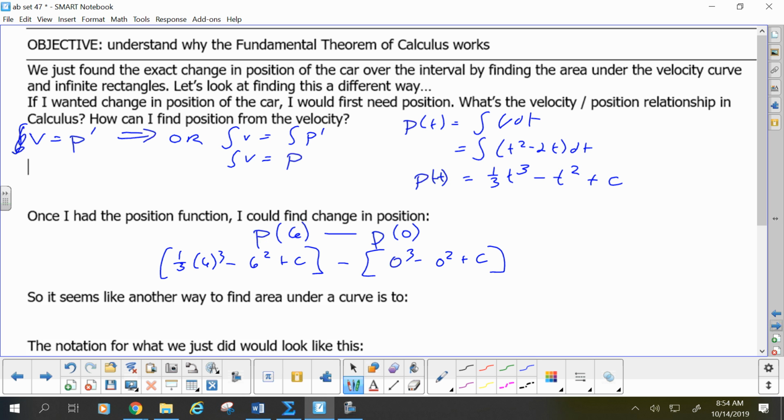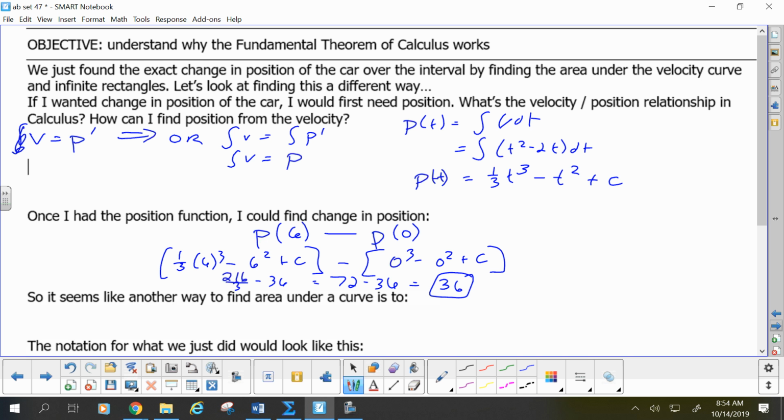Okay, so this is 216 over 3 minus 36. What's 216 over 3? 72 minus 36 is 36. Now, isn't that exactly what we got from the infinite area stuff? Yeah?